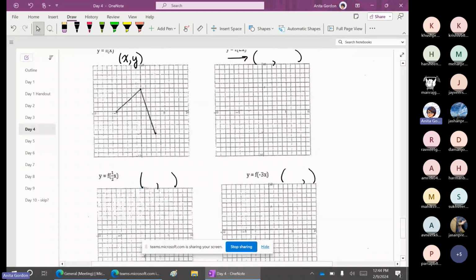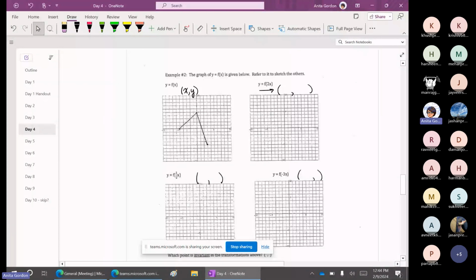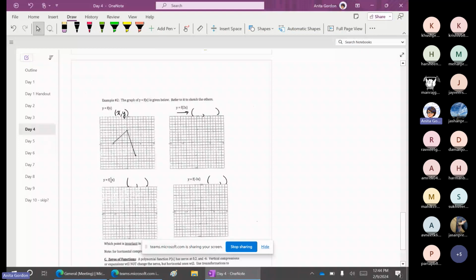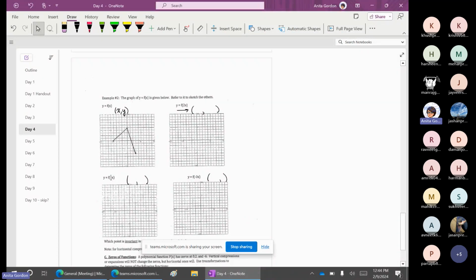Is this your next page? Yeah, it is. Sorry, I flipped up ahead too far. Okay, talk to a partner. I want you to write down what is the mapped coordinate. Your original is a broken line.